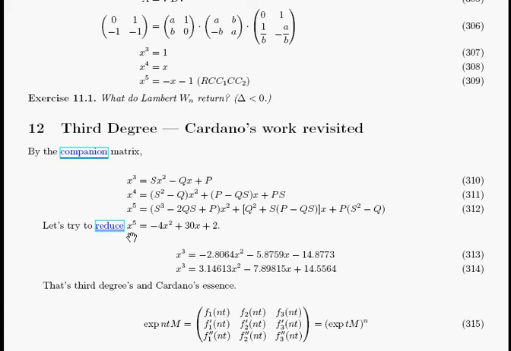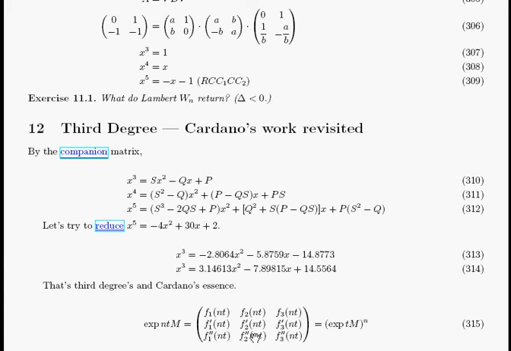We can reduce x5 equals to minus 4x2 plus 30x plus 2 to x3, solving this guy. Coefficient of x2 is equal to minus 4, function of kps equals to 30, function of pks equals to 2. There are several solutions.